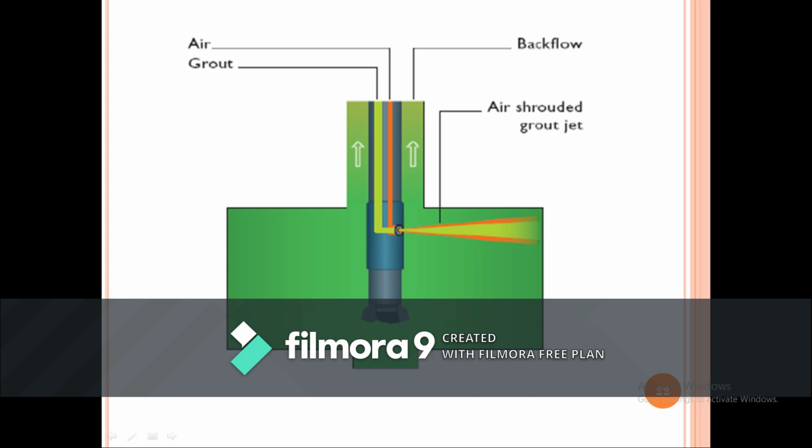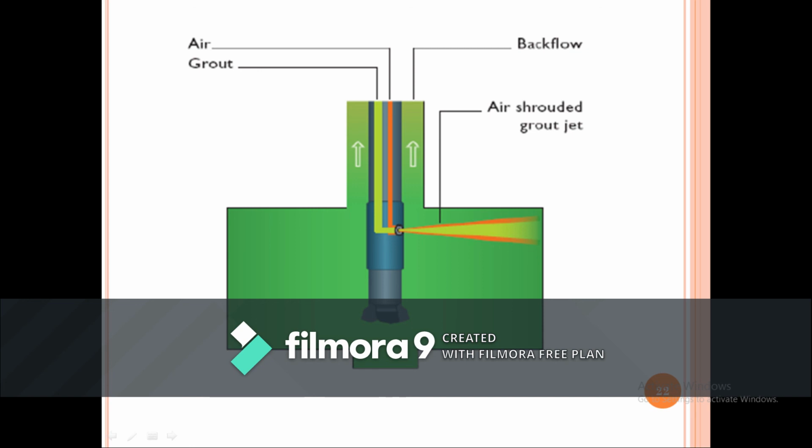Over here, since you have two openings, you are trying to create a jet of air, and along with the jet of air, you are going to send the grout. So both things are happening. The process will be one and the same. When this grout is going to get settled, again it will try to bring about densification of the soil, or it will try to alter the soil molecules.